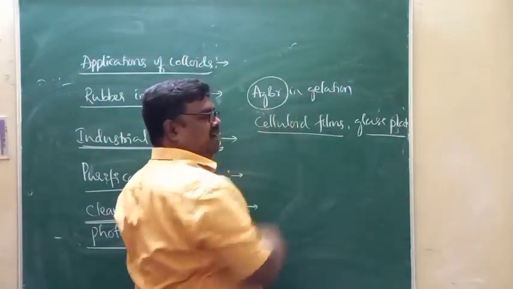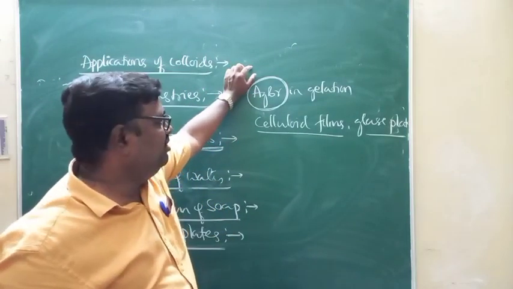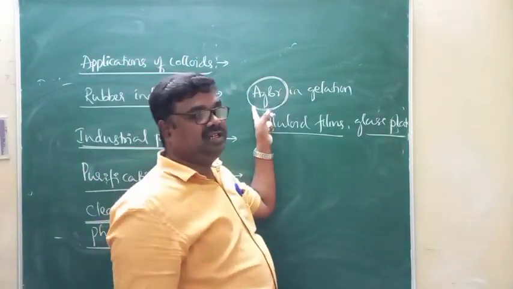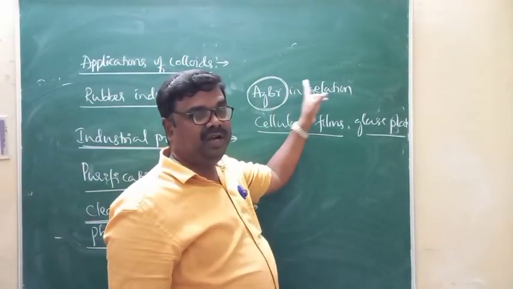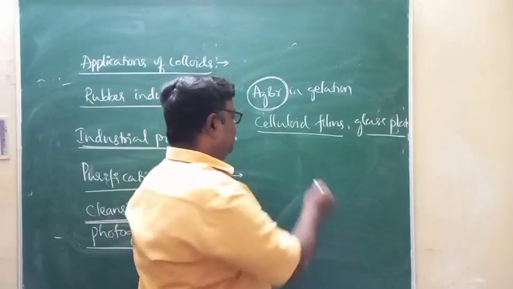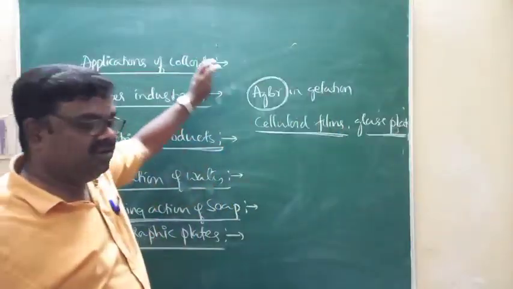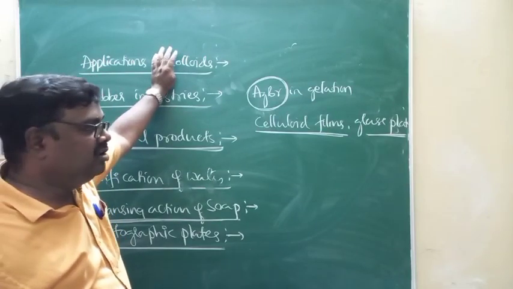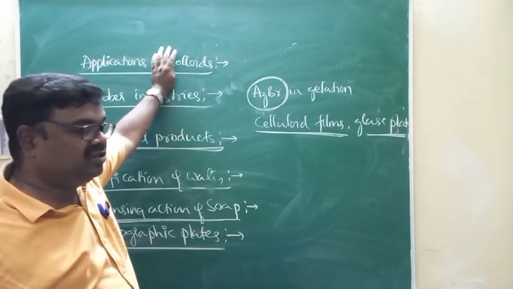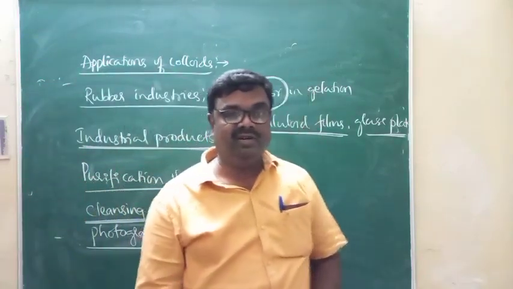This silver bromide is a photosensitive chemical substance. That's why this light sensitive silver bromide emulsion prepared using gelatin is applied over the celluloid films or glass plates, and that's how I can make photosensitive photographic plates. So this is one more application of colloids.